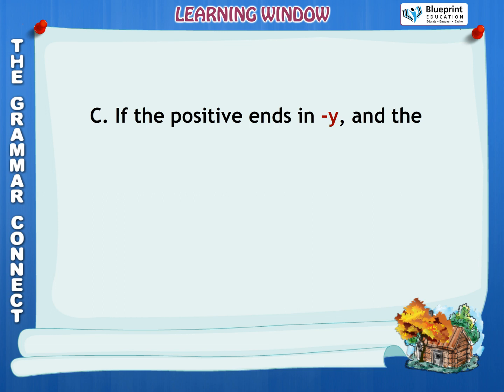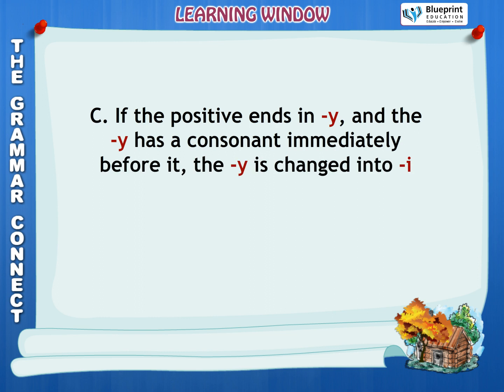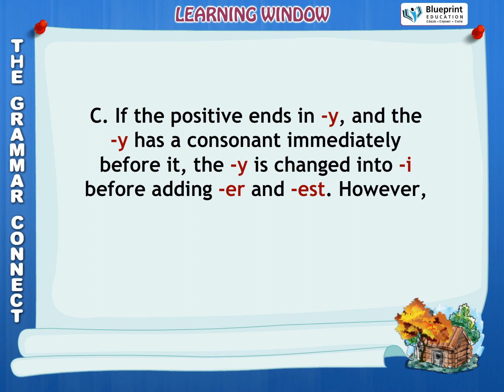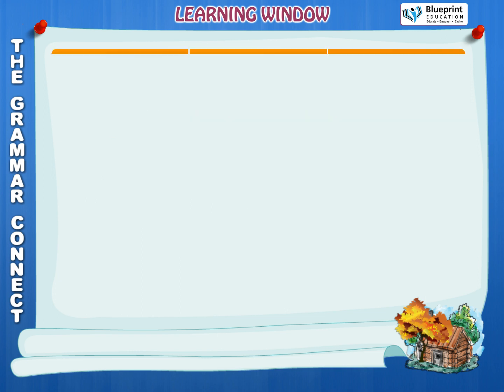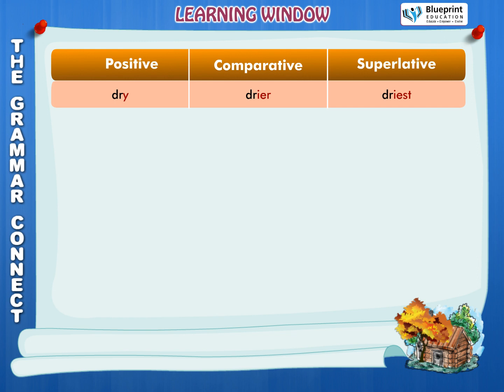C. If the positive ends in Y and the Y has a consonant immediately before it, the Y is changed into I before adding ER and EST. However, if the Y has a vowel before it, it is not changed into I. Positive, dry.